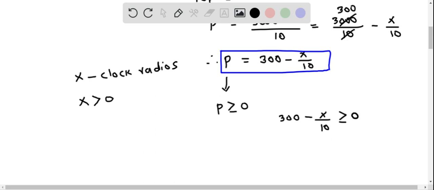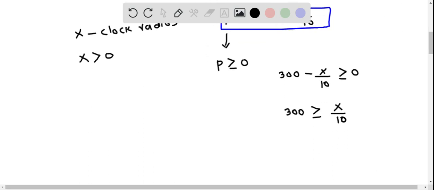And so we solve this inequality. I'm going to add x over 10 to both sides. So I will get 300 greater than or equal to x over 10. Now I multiply both sides by 10. So I'm going to get 3000 greater than or equal to x. Otherwise, we can say that x is less than or equal to 3000.